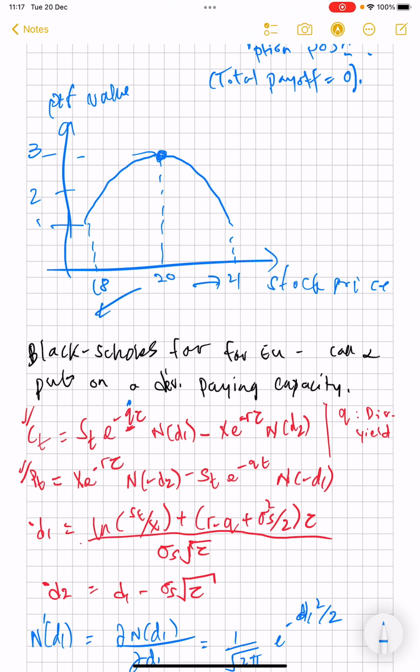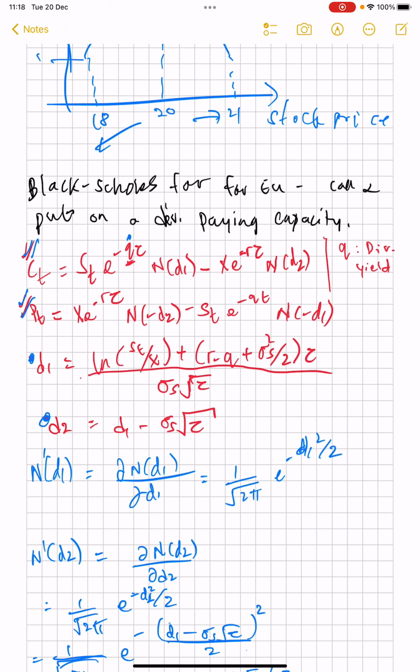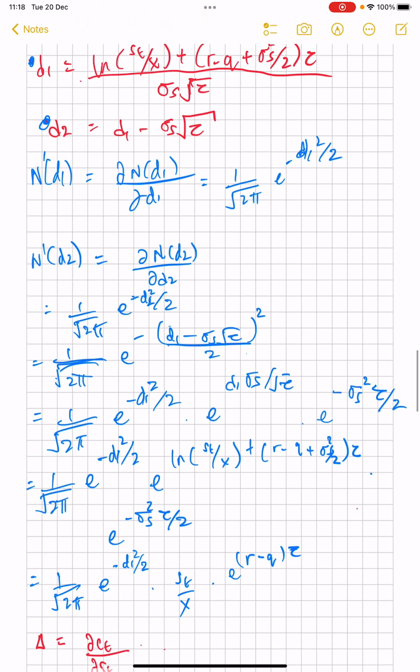That's for the call option, and that's for the put option. Now the equations for D1 and D2 are listed here, and you're going to use them in your derivations. The first partial derivative of the cumulative normal distribution of D1 is given as shown here, and for D2 it's derived as such.